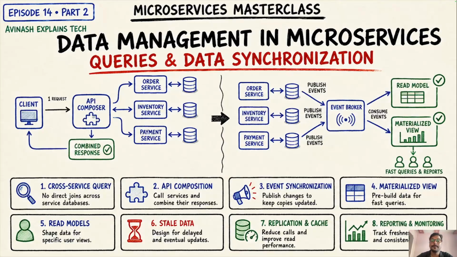These events are sent to an event broker. Another component consumes the events and maintains a query-ready copy of the required data. Suppose the order service publishes order created. The query store creates a new order record.